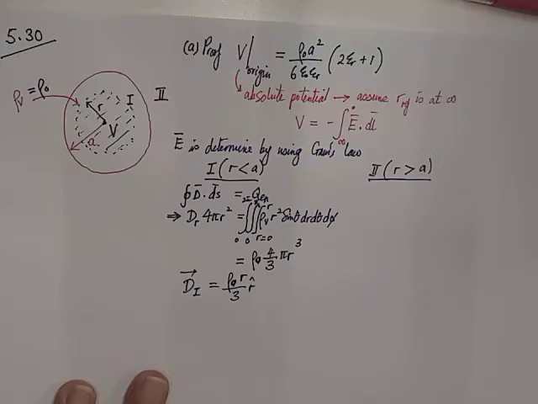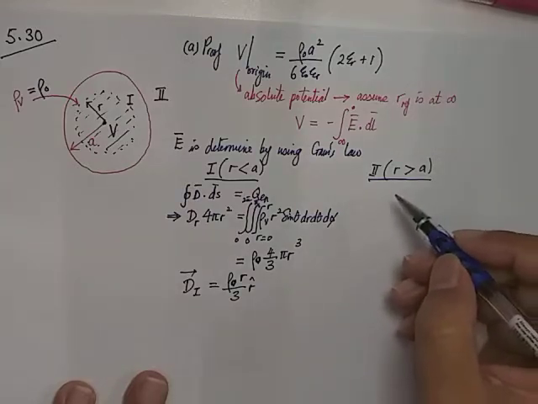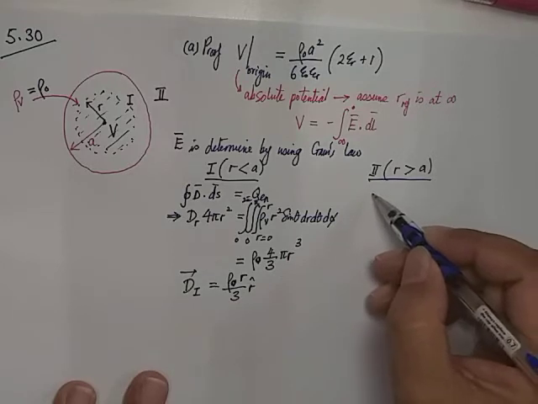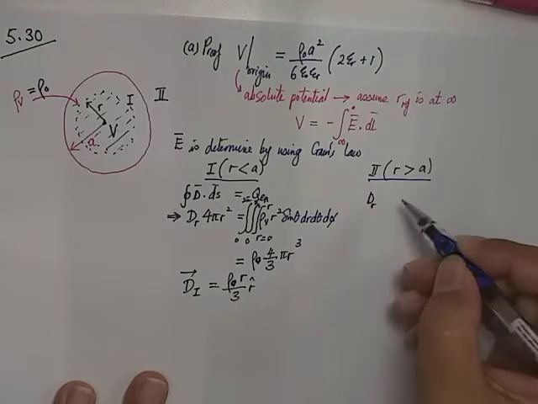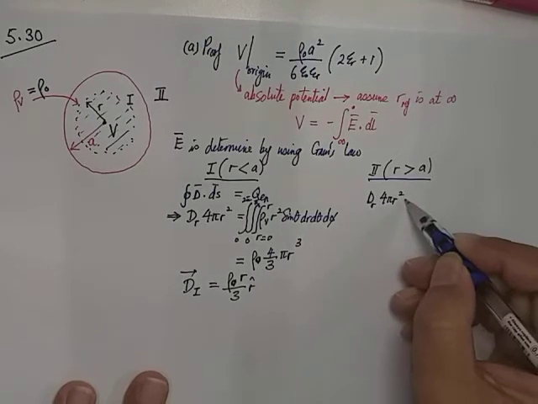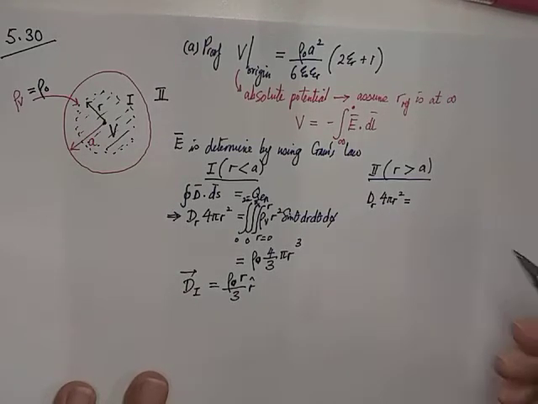Okay, if you repeat for D2, you're going to do the same thing here. I'm going to just solve now D dot dS, 4 pi r squared for the left hand side of the Gauss law equation.